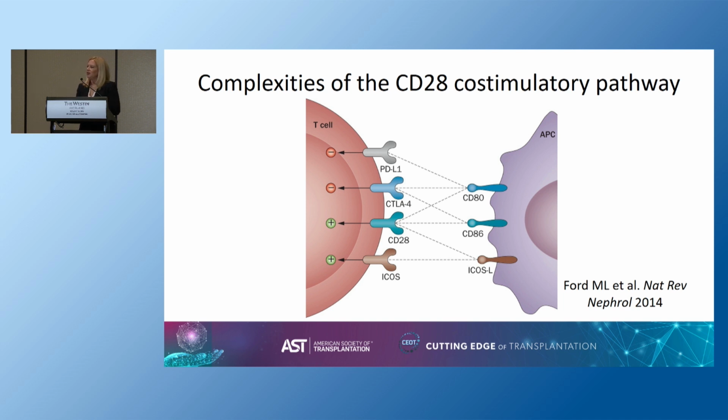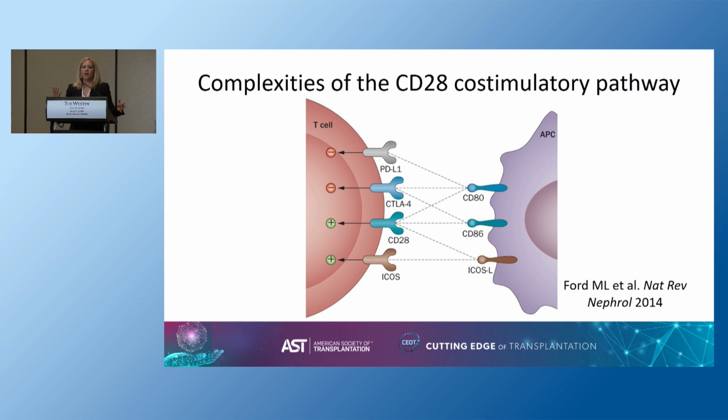And if that wasn't complicated enough, there are, in fact, additional complexities of the CD28 co-stimulatory pathway, which is that I told you that CD28 binds to CD80 and 86. In more recent years, it has been recognized that CD28 can actually also bind to ICOS ligand, which is another ligand that can provide this activating signal.